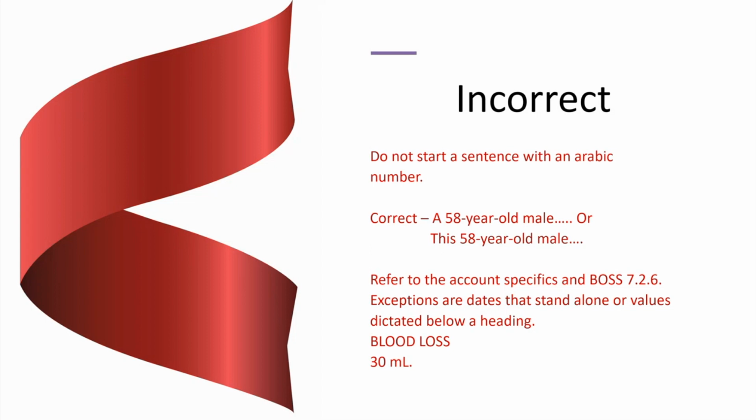As mentioned here, if we've got a heading and the only thing under it is the number, like blood loss 30 milliliters, that is acceptable. So if it's standing alone under a heading, that works. Another example might be something like 10 milliliters was injected under the skin. We could say then, the 10 milliliters was injected under the skin, just to avoid starting with an Arabic number.